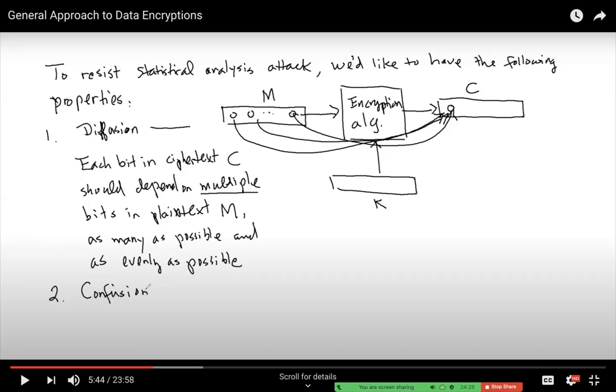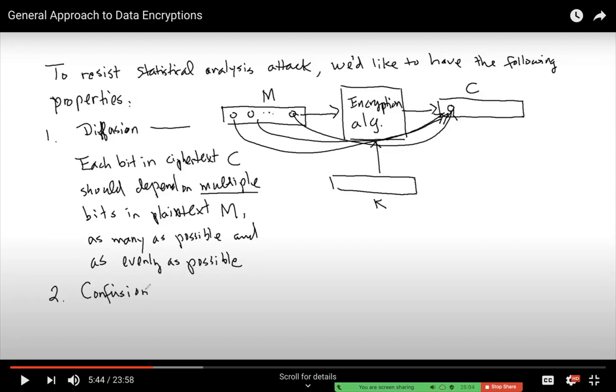So we want each bit in the ciphertext to come from as many bits as possible from your plain text. As evenly means that say you have half of those, then these halves would be distributed evenly. So you don't want those half bits concentrated on the left or on the right, right? Eventually you want them to be very evenly spread out. Would that make sense?